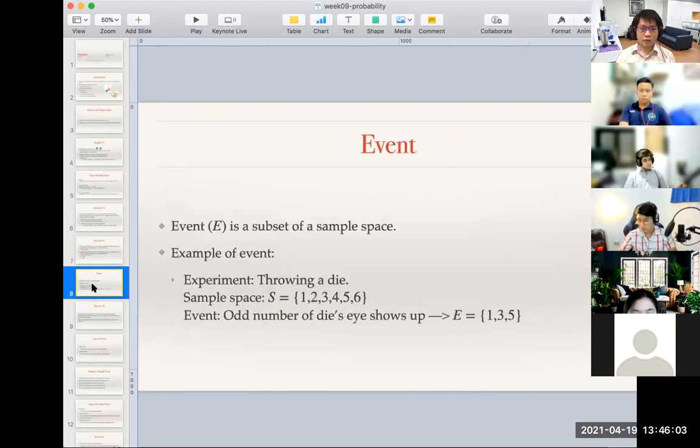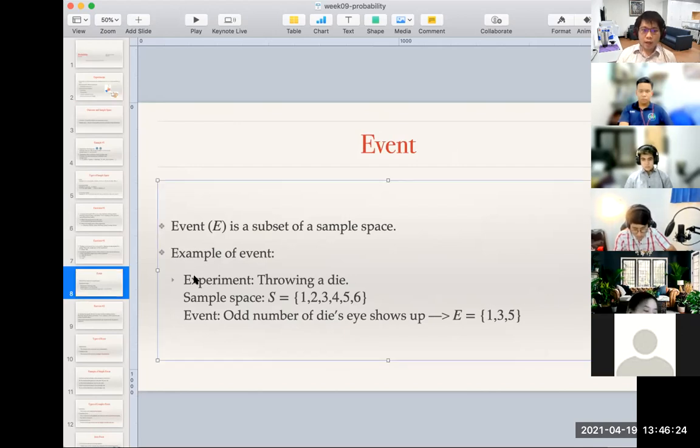Okay, all right. So there's another term called event. Event itself is actually a subset of a sample space. It denotes one type of the activities from your experiments. So for example, here we have an experiment of throwing a die or tossing a coin.